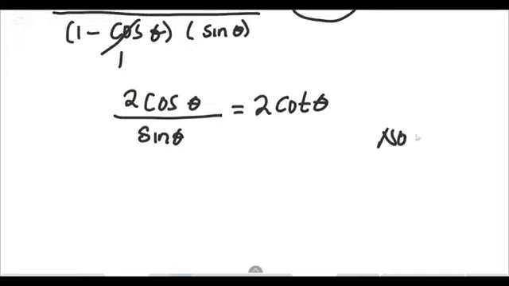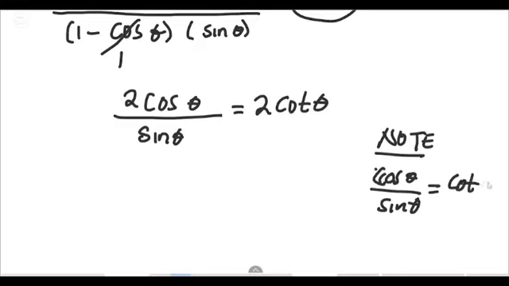Here, note, if you have cos theta over sine theta, this gives us a certain identity that we call cot theta. So where you have cos theta over sine theta, it will give you this. Right here on the left hand side, you can write it this way.